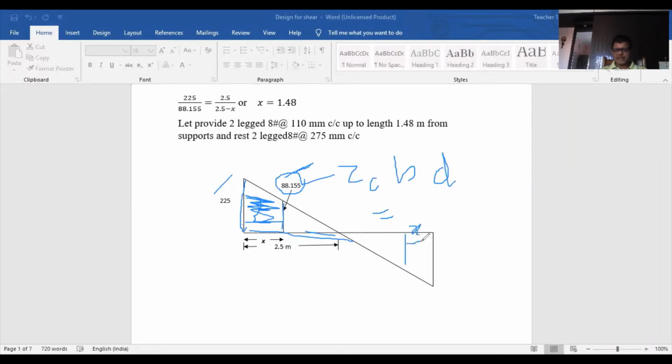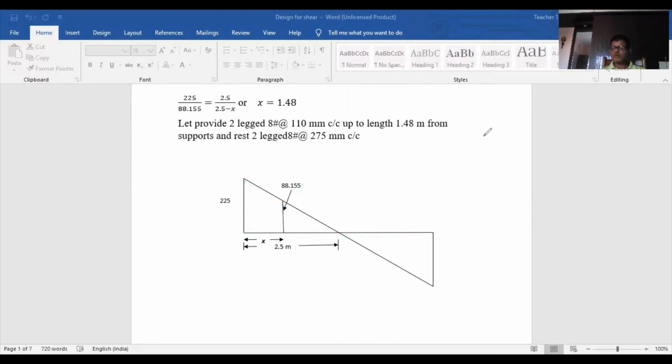In this x, provide 2-legged 110 millimeter center spacing of 8 mm bars, and in this region provide 2-legged 300 millimeter center, because the maximum spacing is 300, and from the minimum shear reinforcement criteria and the maximum spacing it comes more than the maximum value 300. In no case should it be more than 300 millimeter. So accordingly you have to fix the values, and then you can draw the detailing of the reinforcement.